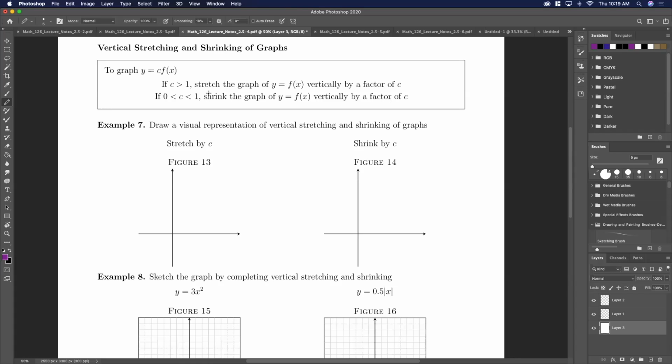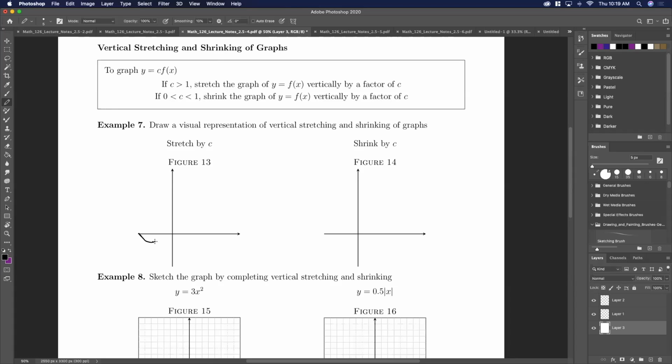We make c strictly greater than 0 in this case, and the reason we do that is because if we make c negative, it's like a reflection and then a shrinking, and so you can just split it into 2. If c is 1, we've done nothing, so that's why I'm saying it's not 1. So this just stretches it and shrinks it.